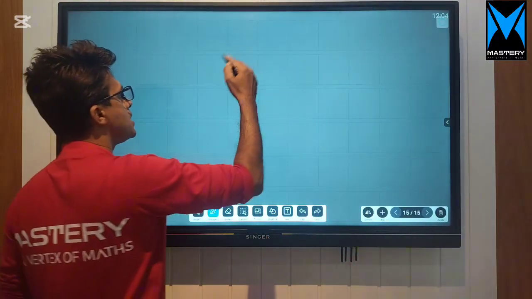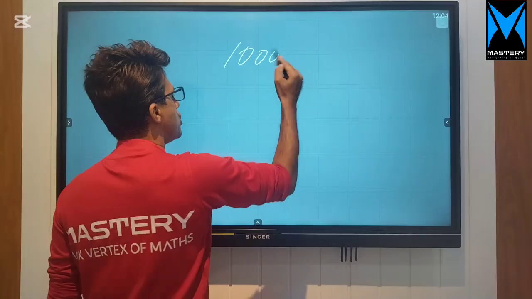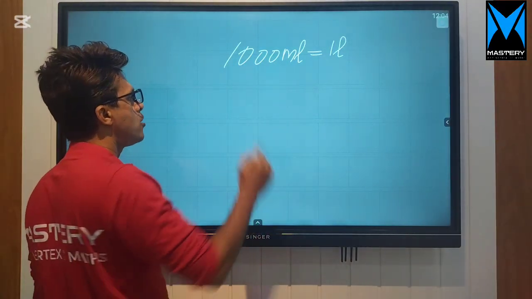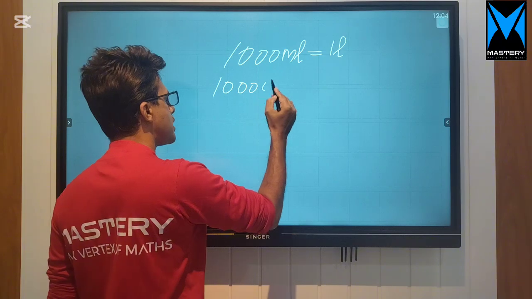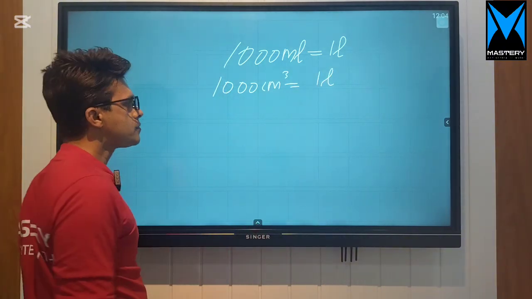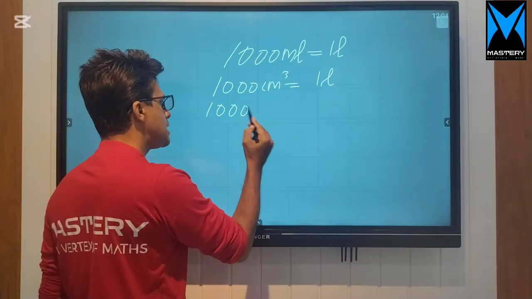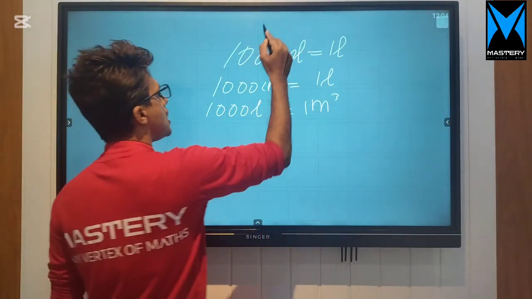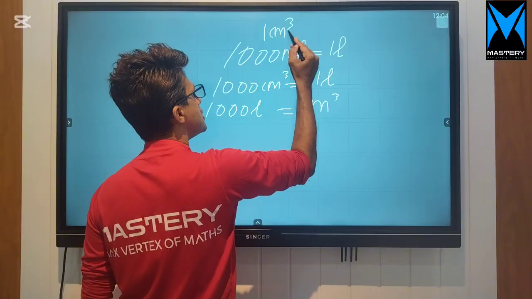Also, 1000 milliliters equals 1 liter, and you need to learn this one as well. 1000 cubic centimeters equals 1 liter. And also 1000 liters equals 1 cubic meter. These are the relations that you need to learn in this lesson.